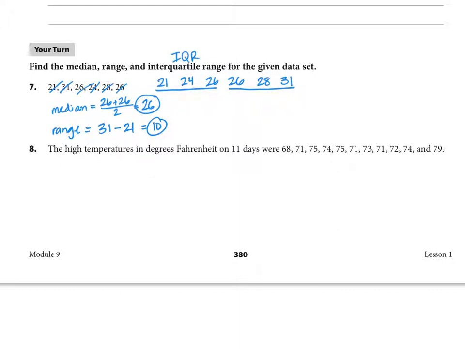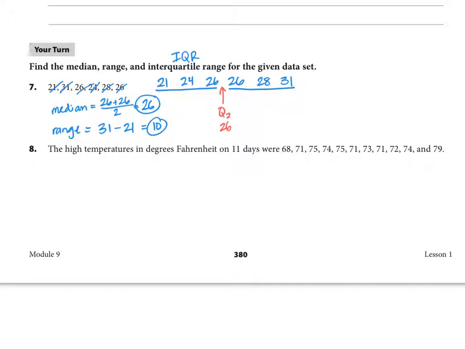And finally, the median, we call that Q2, right? Q2 is 26 there. We now find, okay, we got 3 numbers on this side, so we want to find the median of the lower half. And then we want to find the median of the upper half.